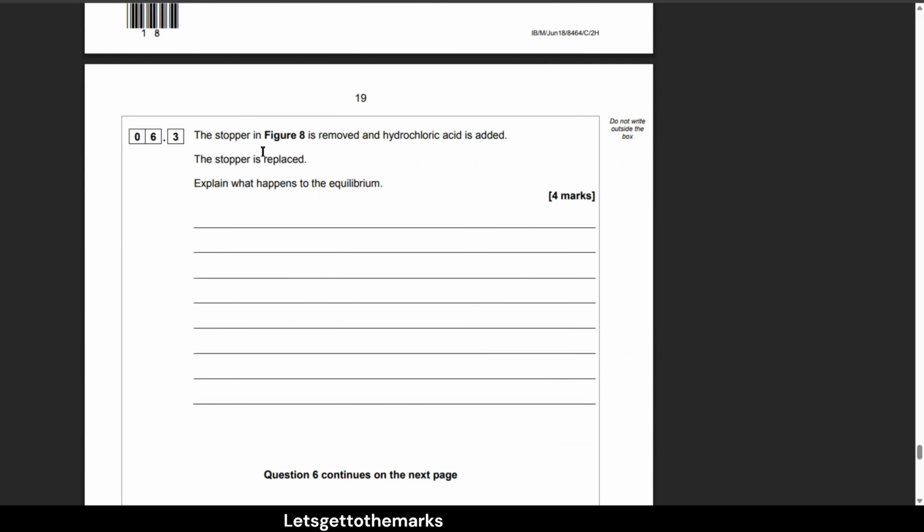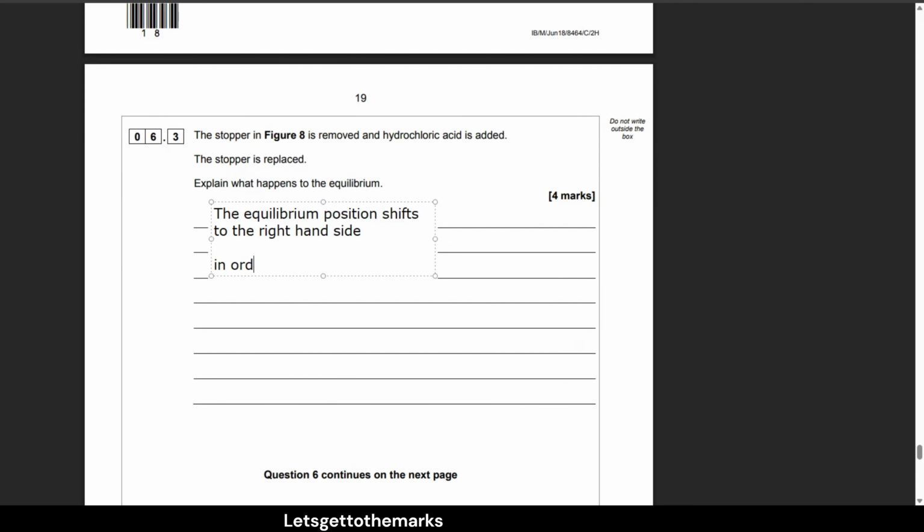Okay, the stopper in figure 8 is removed, hydrochloric acid is added, the stopper is replaced. Explain what happens to the equilibrium. So we're going to say the equilibrium position shifts to the right hand side in order to oppose the change, which is an increase in the concentration of HCl.